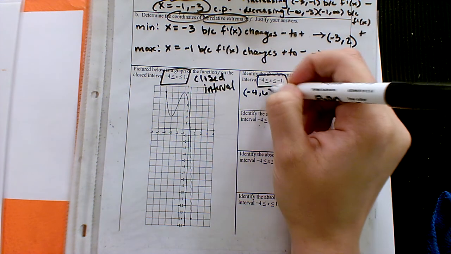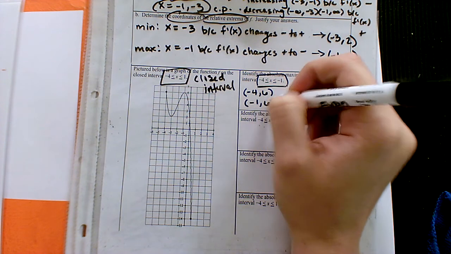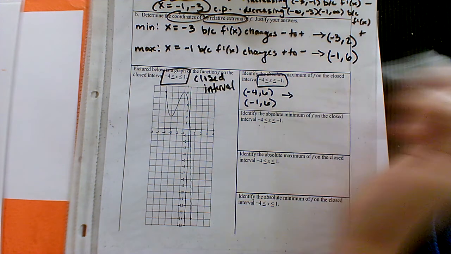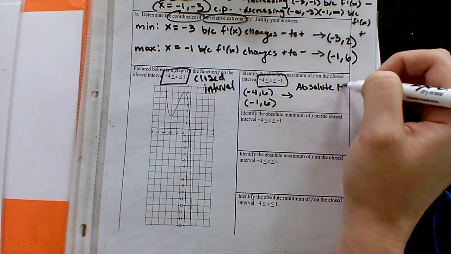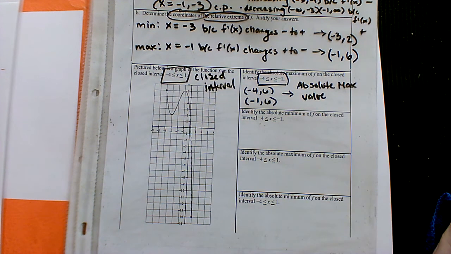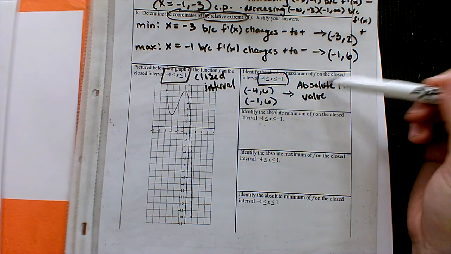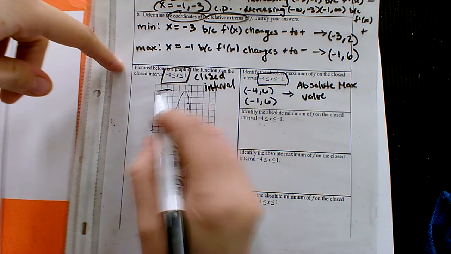So -4, 6, and also there's another one? -1, 6. Okay, so we'll say the absolute max value. Okay, there's a difference between point and value, the terminology. Point means x, y. Value is a number. So what is the absolute max number we have? 6. That's your height.